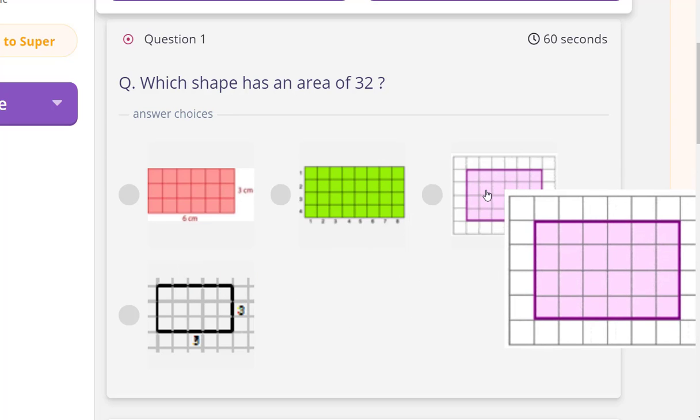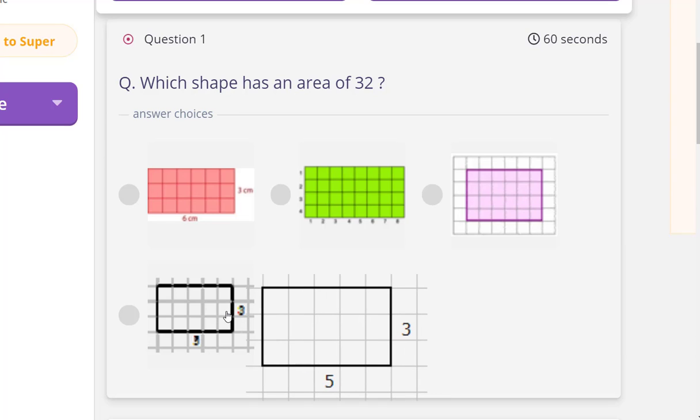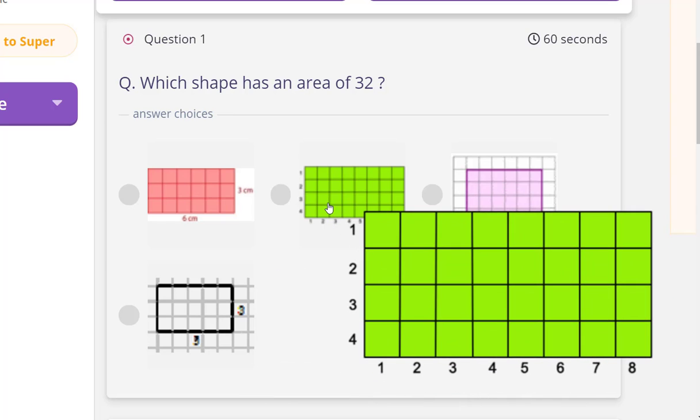Great work. And this one, 6 times 4? It's 24, my hero. And the last one, it's 3 times 5, 15. Excellent. So the correct one is the green one because it's 4 times 8.